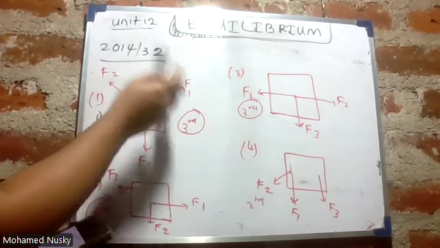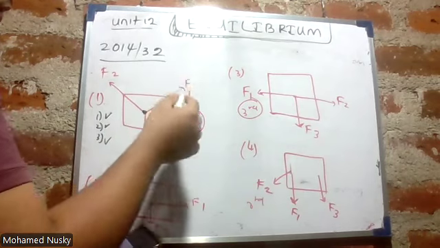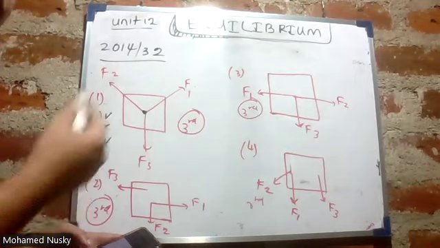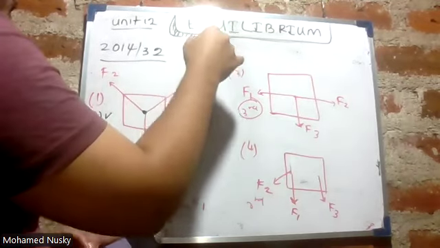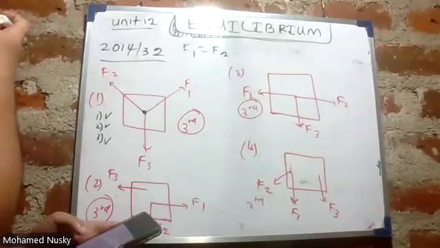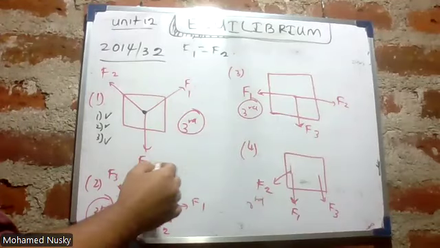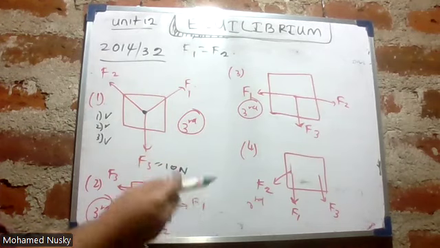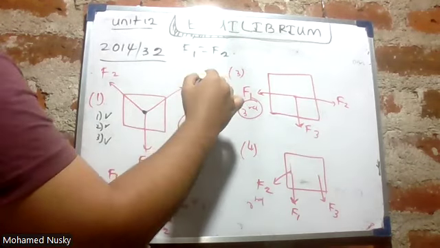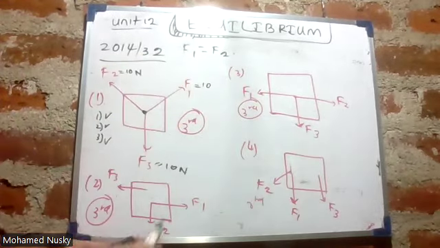Now, they have said in the question F1 is equal to F2. Let us take F1 as 10 Newton, F2 also 10 Newton.